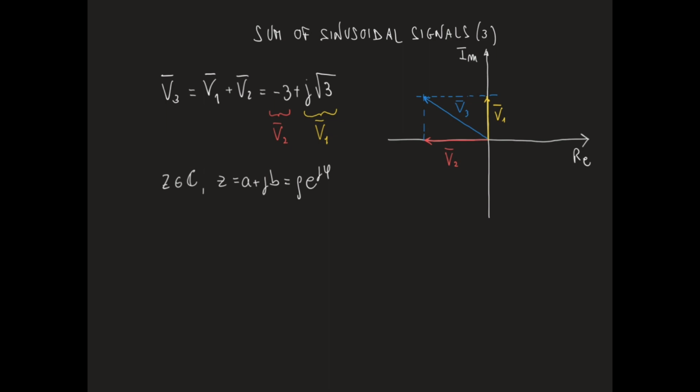In particular, if we want to go from the rectangular to the polar representation, we can write that the modulus of z, which is equal to rho, is given by the square root of a squared plus b squared, while the phase of z, or the argument of z, which is equal to phi, is equal to the inverse tangent of b over a plus pi.